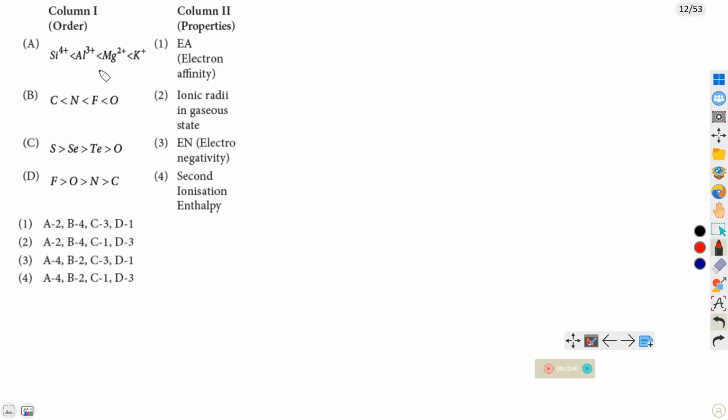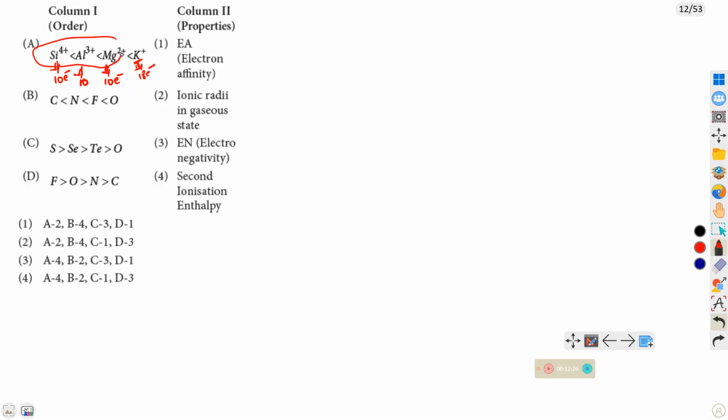Match the following given. Mg²⁺ contains 10 electrons, Al³⁺ contains 10 electrons, even Si⁴⁺ contains 10 electrons, potassium contains 18 electrons. Okay.